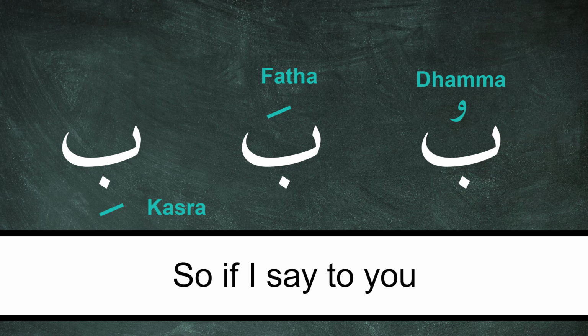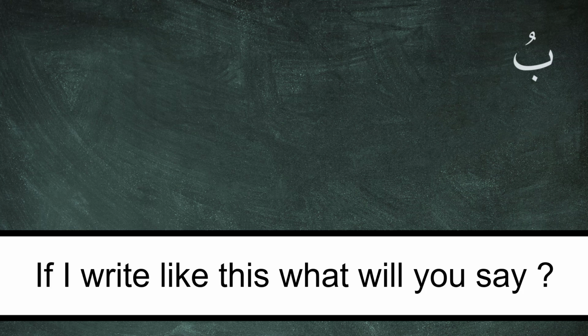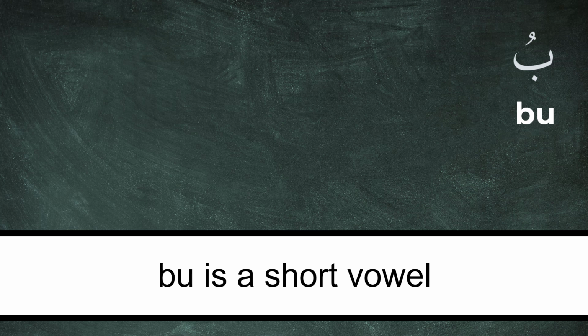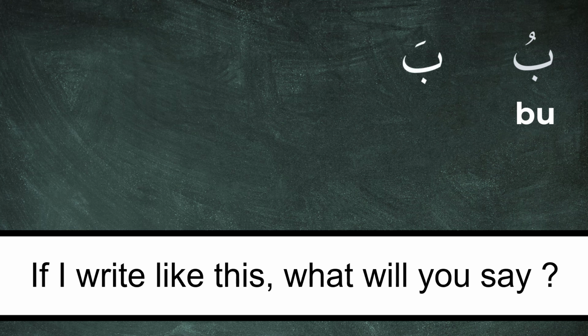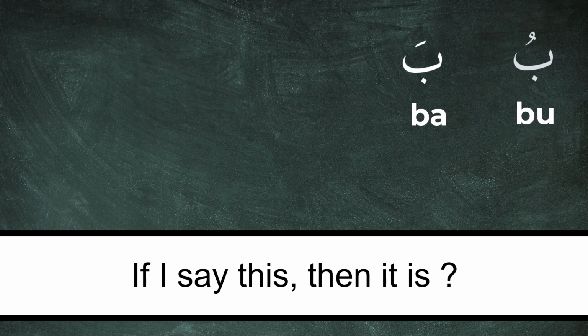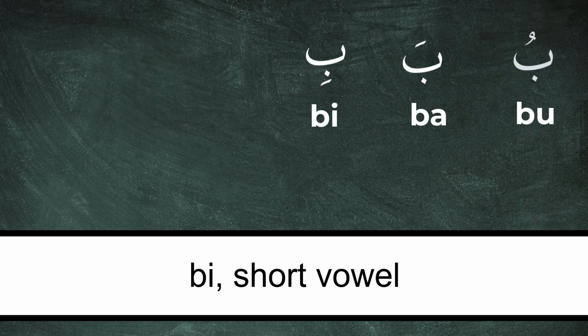So if I write like this, what will you say? Boo, short. If I write like this, what will you say? Ba, short vowel. And if I say this, then it is B, short.